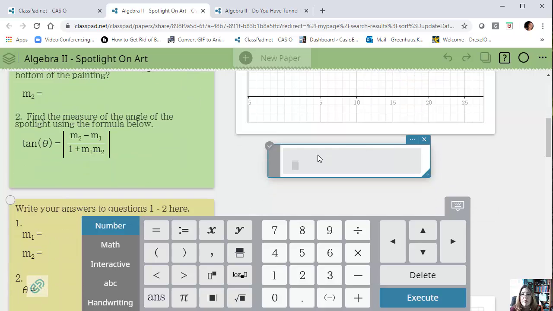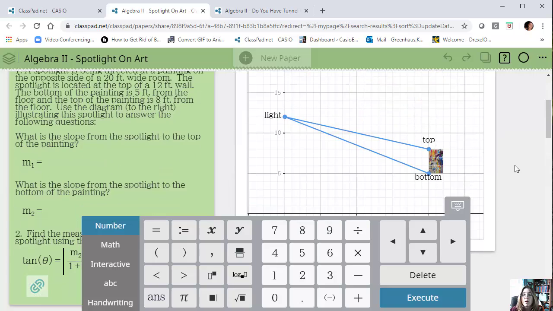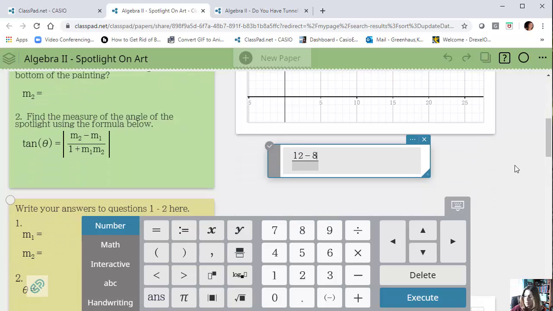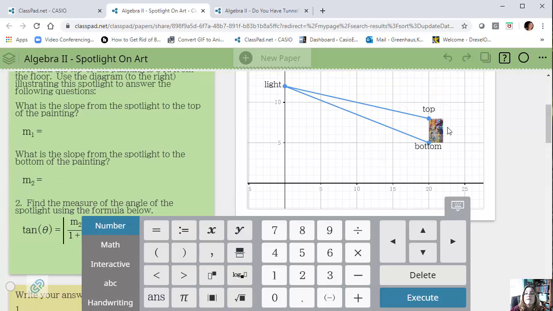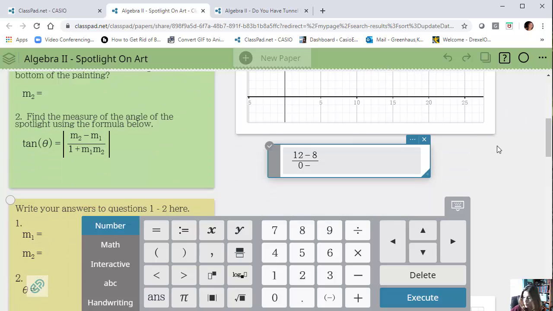So I can find my slope using the coordinates. The y coordinate of the light is 12, and the y coordinate of the top is 8, and the x coordinate, since I'm just using the slope formula right now, for the bottom is 5. So we're going to put 5 there.